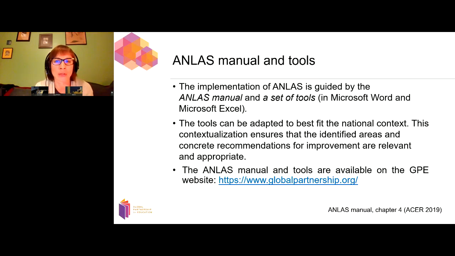In order for you to have a look at the ANLAS manuals and tools, these are all available on the GPE website. There is a more detailed link also provided at the end of the presentation that leads directly to the ANLAS manual and the ANLAS tools.